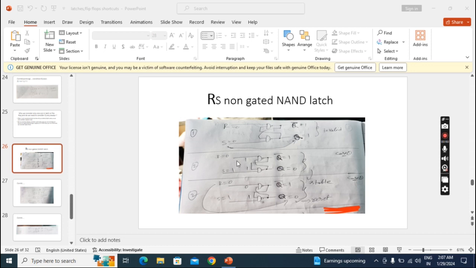Then coming to the second condition. In the second condition there I did two cases, here also I did two cases to get a stable output. If you observe carefully, wherever I kept S, straight to that I kept Q. Wherever I kept R, straight to that I kept Q bar.